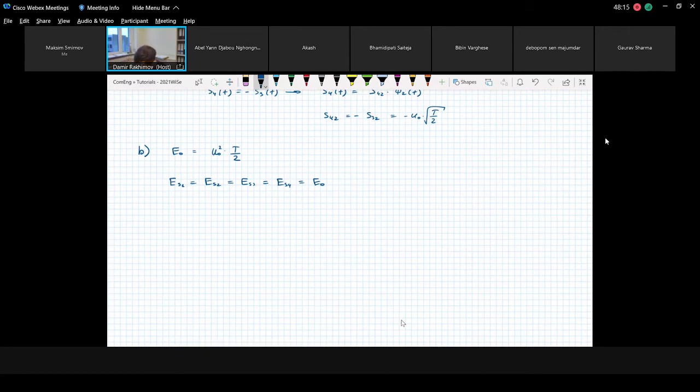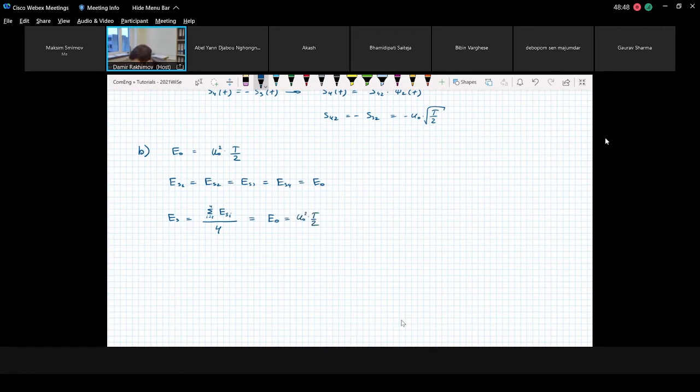And I can say that my average mean energy per symbol is nothing else as the summation of all possible energies for different signals divided by the number of symbols. And of course, if you just replace this summation by exact values, you will get that this is nothing else as E0 for this example.